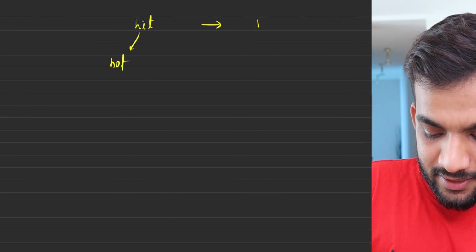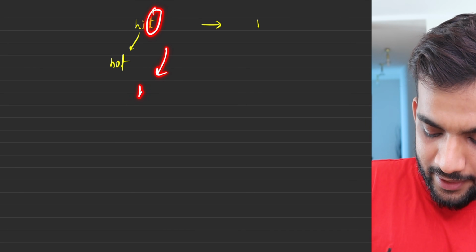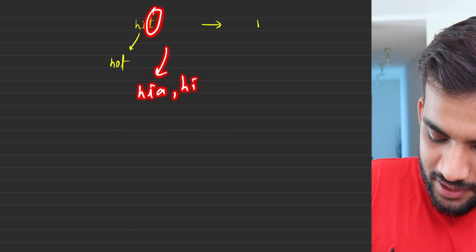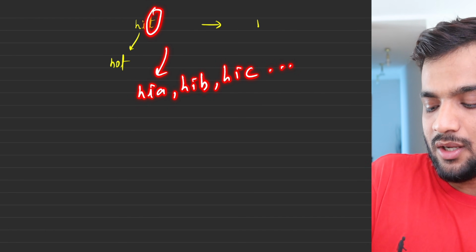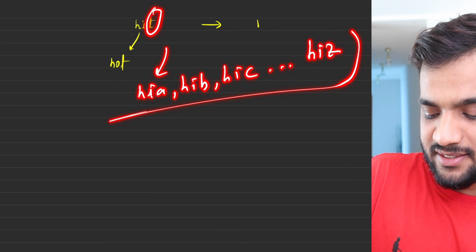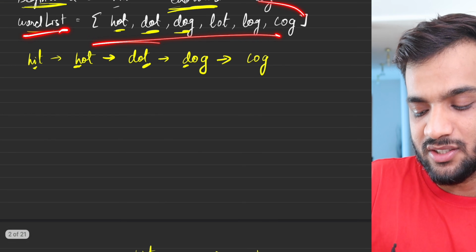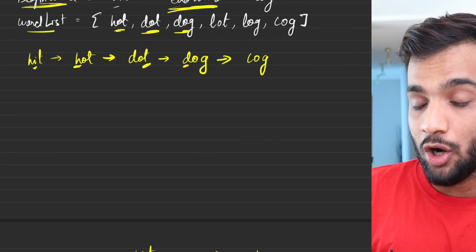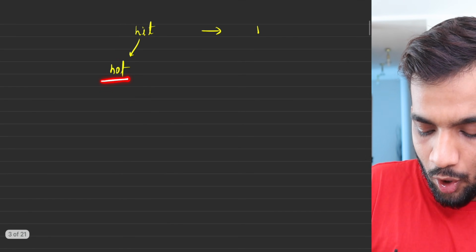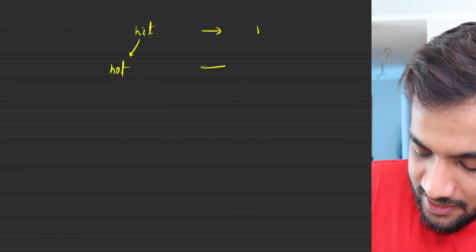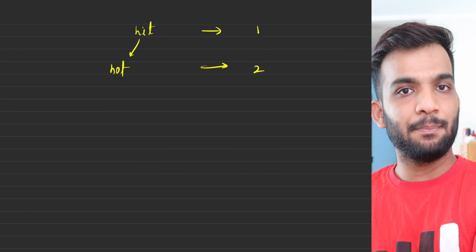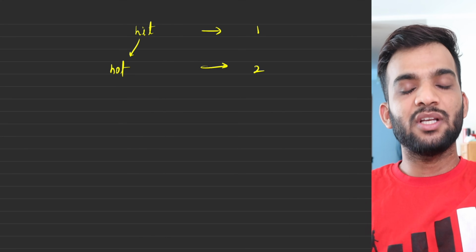Now, I'll take T and I'll try to change it to HIA, HIB, HIC, so on to HIZ. Let's see if they exist in the word list. None of them do. So that is not possible. So only hot is possible. Can I say this is the second step, because the length of the sequence will increase to 2.